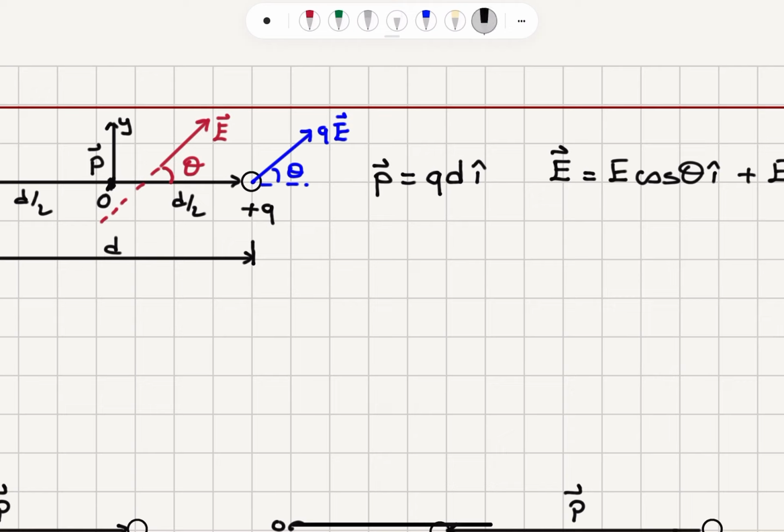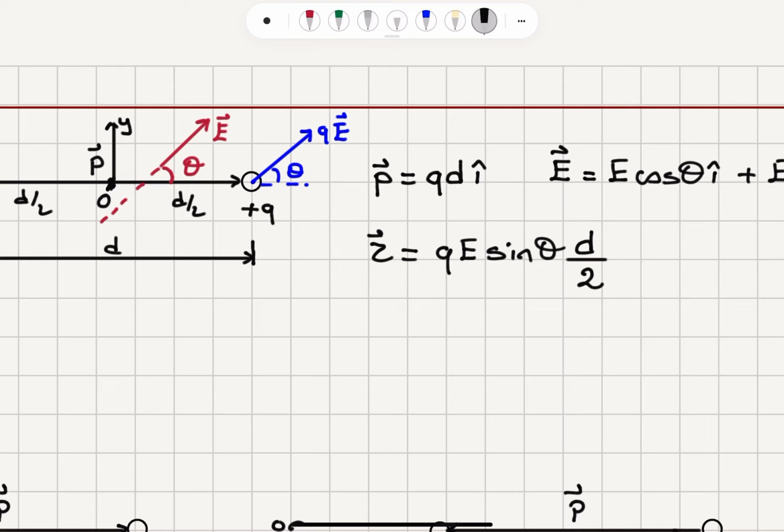That torque we can calculate to be the force qE, perpendicular component sine theta, multiplied by the distance with respect to the pivot point. The pivot point is point O, the center. The point of application of the force is at a distance d over 2, and we just looked at the perpendicular component of the force. So this is r cross F, qE sine theta d over 2.